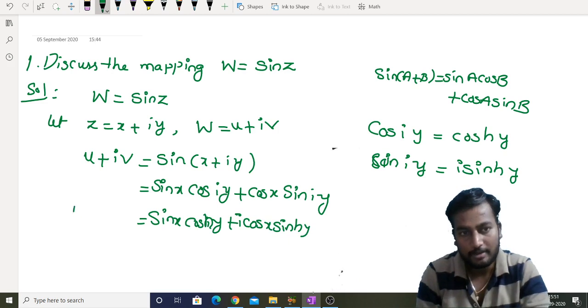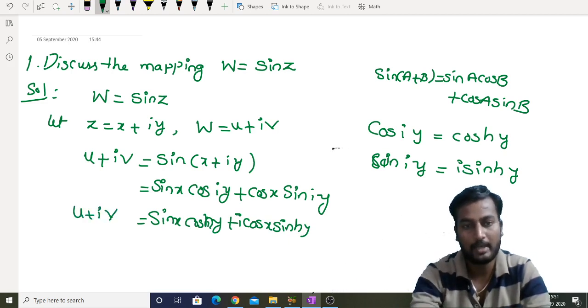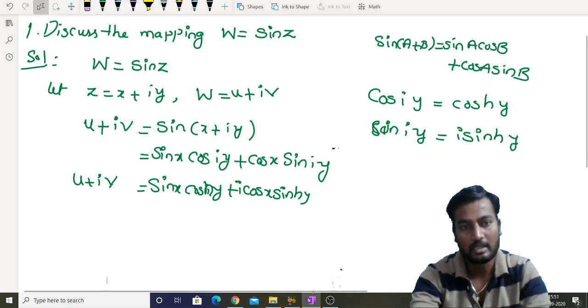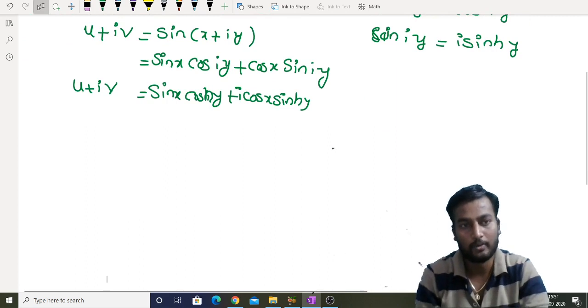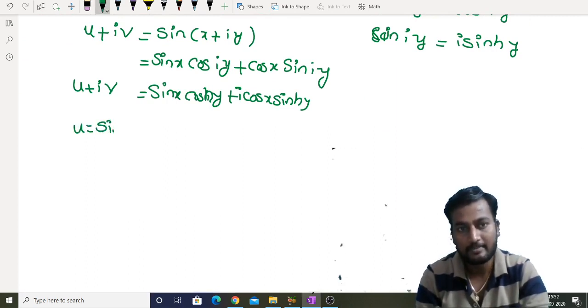So this is u plus iv. Then compare real and imaginary parts. So what is u? Here u is sin x cosh y.